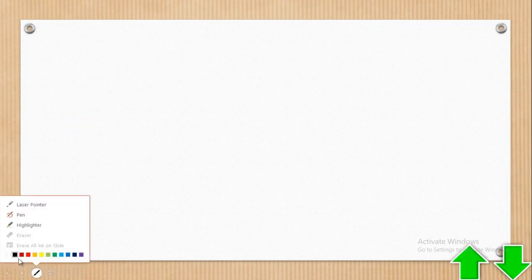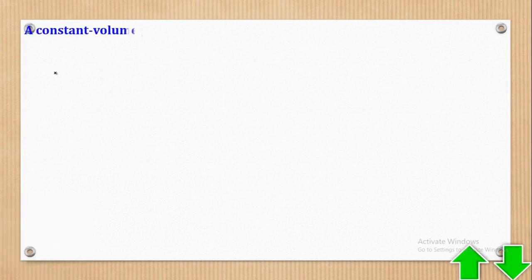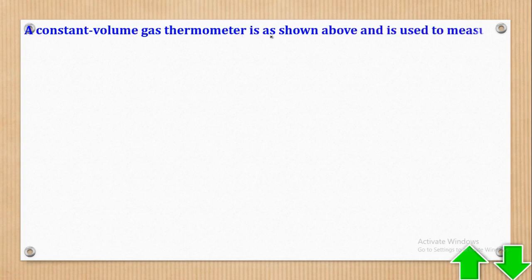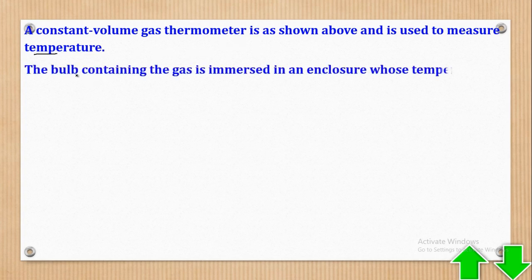So now we shall start our description and say that a constant volume gas thermometer is as shown above and is used to measure temperature. Then the bulb containing the gas is immersed in an enclosure whose temperature is to be measured.